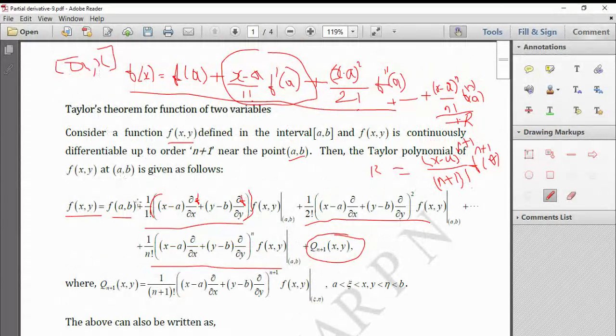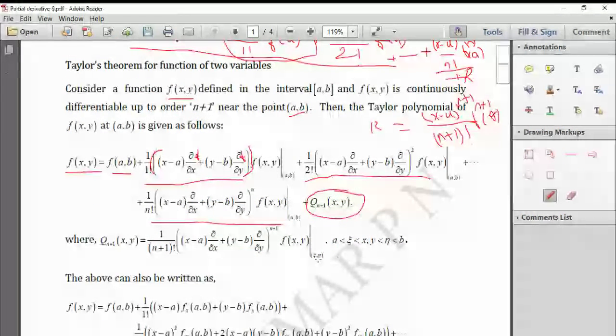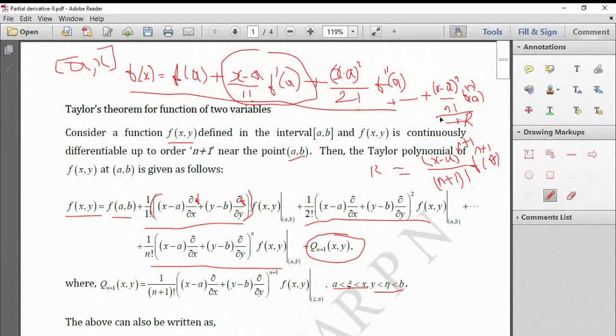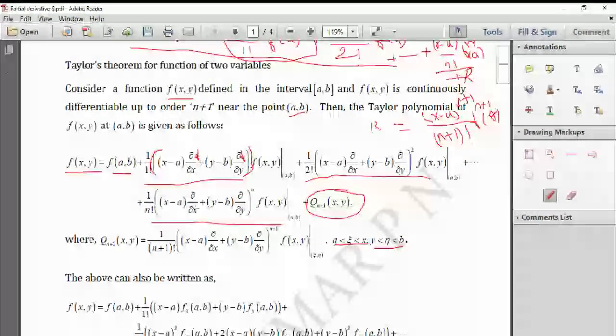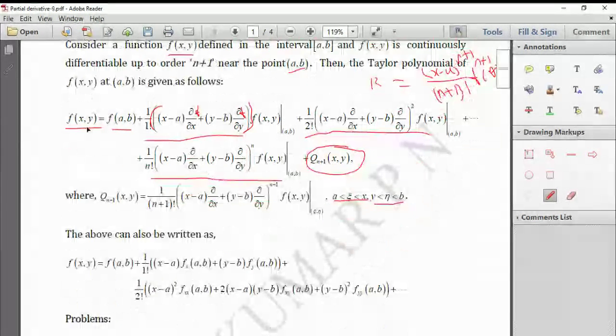Theta lies in between a and x, but here it is a point given by (xi, eta), where xi lies in between a and x, and eta lies in between y and b. It is along the same lines as Taylor's theorem for a function of one variable. Now, what is the expanded form of this?